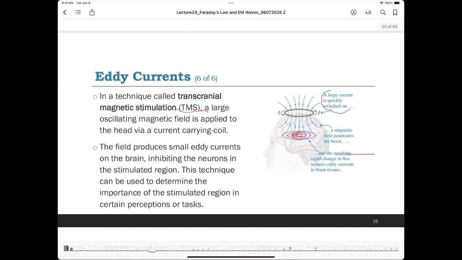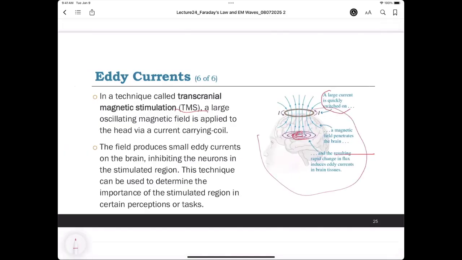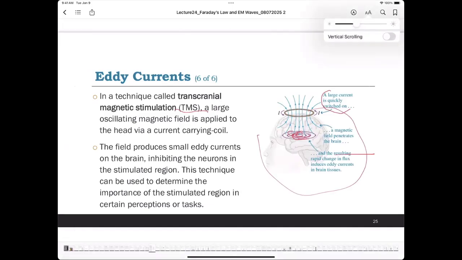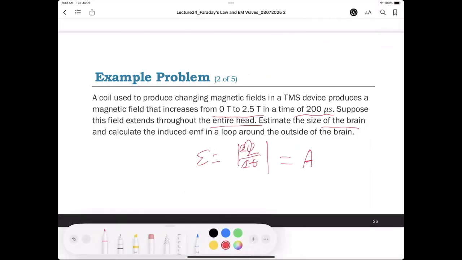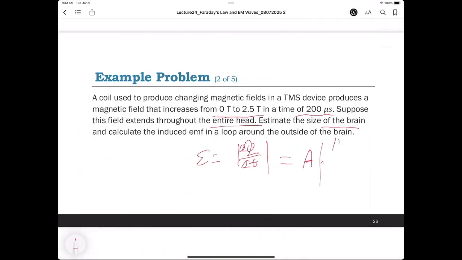The A is just the area of your brain. And here is just delta B, the magnetic field change, and delta t. We already know delta B. It is 2.5 T, because 2.5 T minus 0 is 2.5. And this is the delta t.